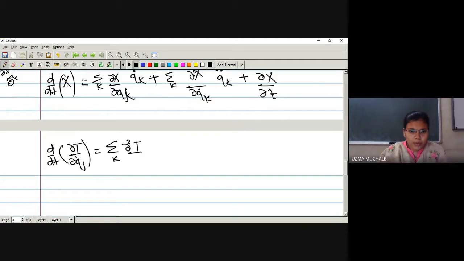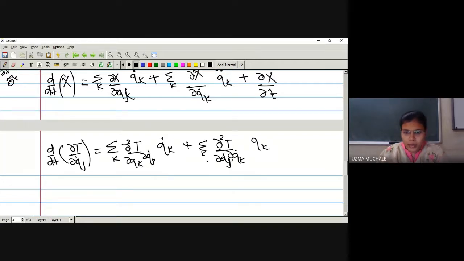Summation over k, that will be dou 2T by dou qk dou qj dot, as we have substituted the value of x, and this qk dot as it is, plus summation over k, dou 2T by dou qk dot dou qj dot, with qk double dot as it is, plus dou 2T by dou t dou qj dot, substituting the value of x here.